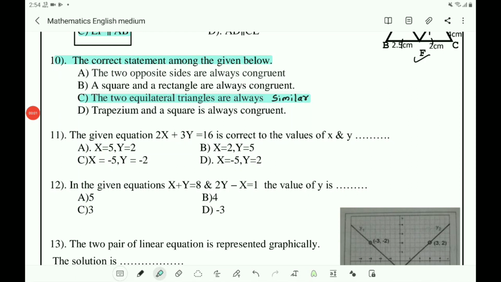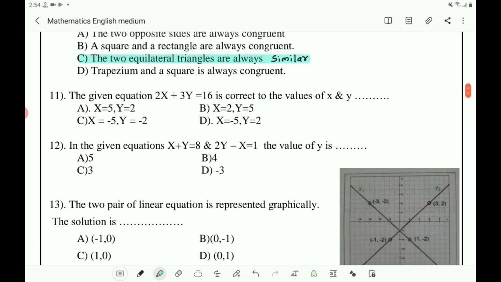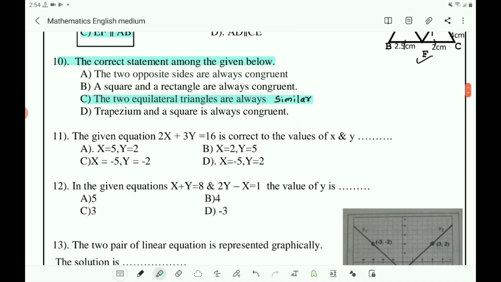If you compare two equilateral triangles, in both the triangles all the angles are 60 degrees, but the sides of one equilateral triangle may not be equal to the sides of the other. Therefore, they may not be congruent. They are always similar.